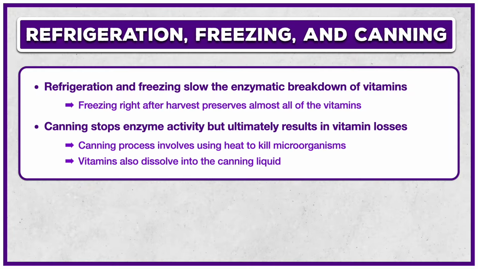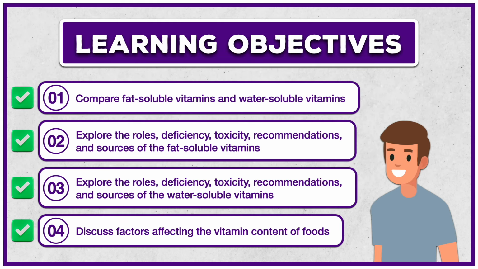Canning stops enzyme activity, but ultimately results in vitamin losses. That's because the canning process involves using heat to kill microorganisms, which destroys some of the vitamins. Vitamins also dissolve into the canning liquid, which tends to get discarded once the can is open and the food is removed.